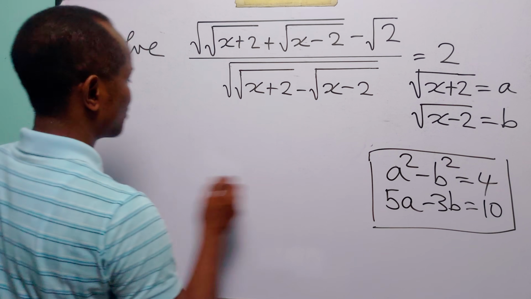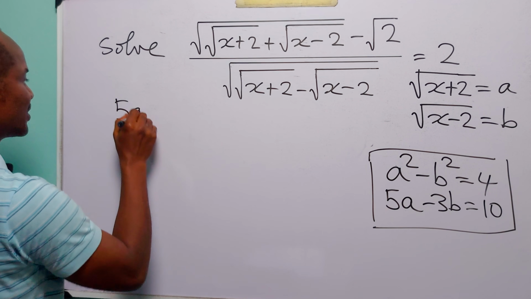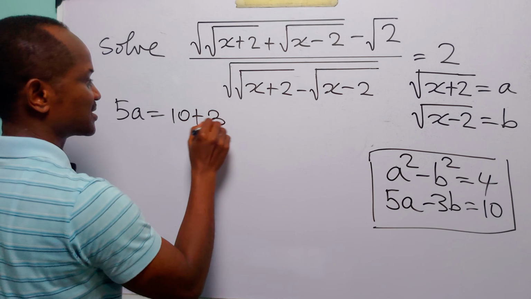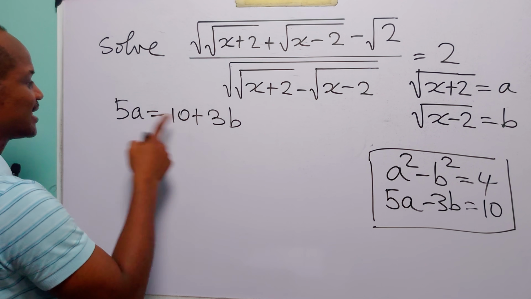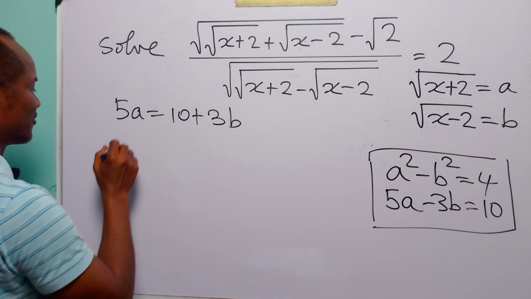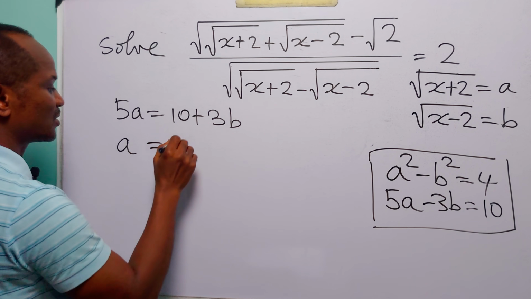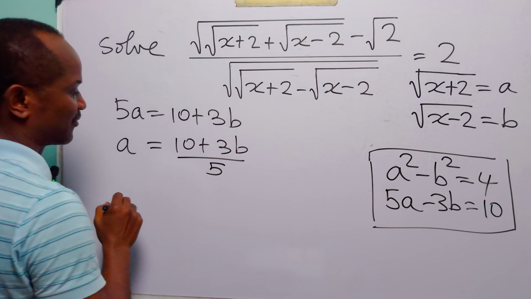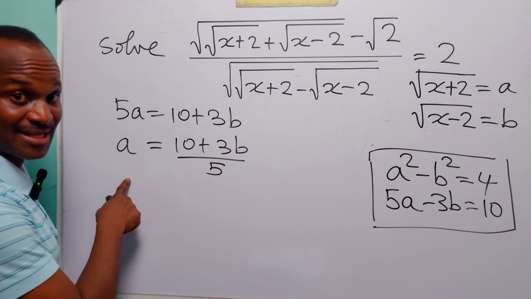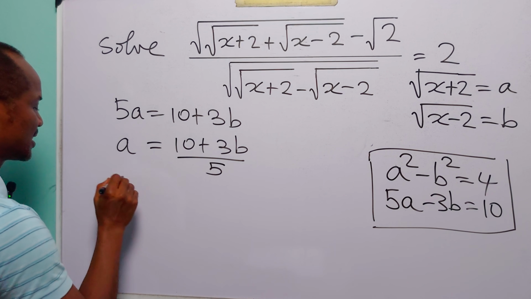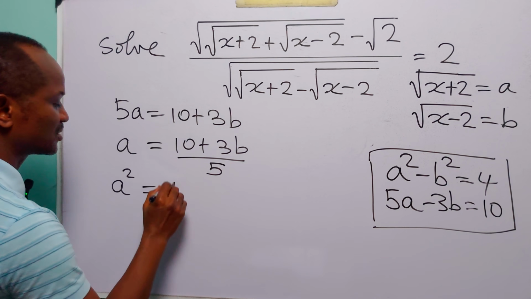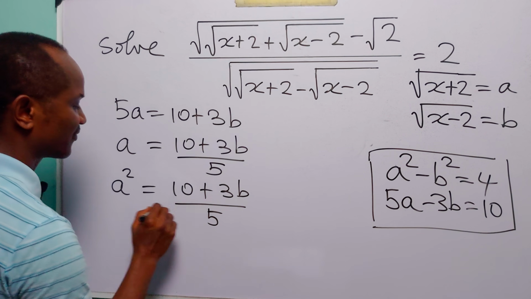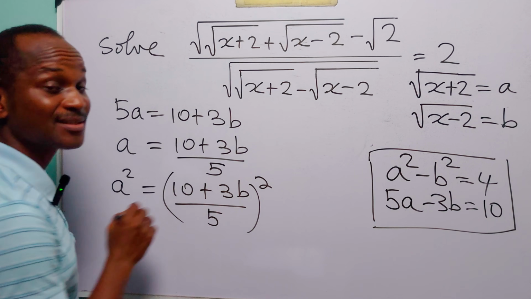From the second equation, we have that 5a is equal to 10 plus 3b. Dividing both sides of this equation by 5, we have that a is equal to (10 plus 3b) over 5. And when we square both sides of this equation, we have that a squared is equal to ((10 plus 3b) over 5) squared.